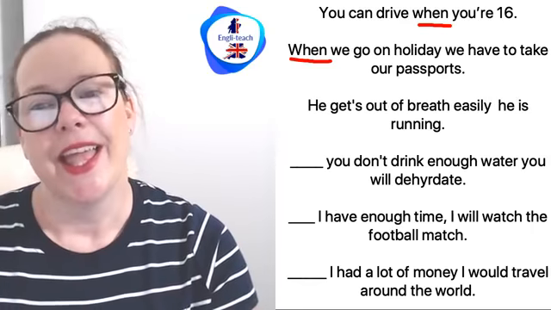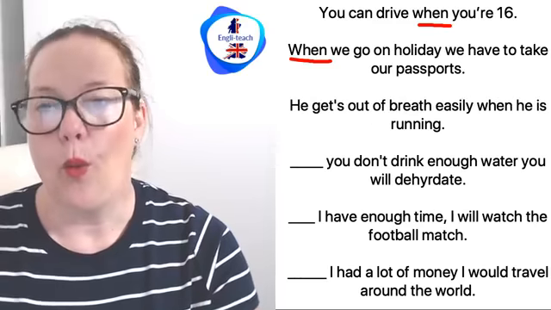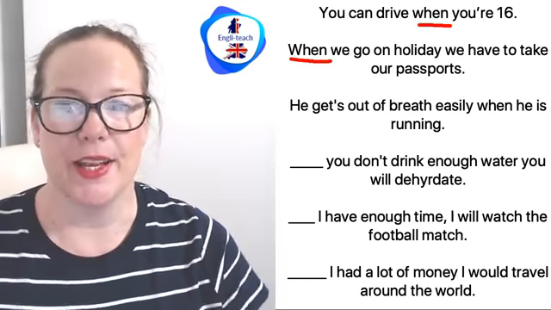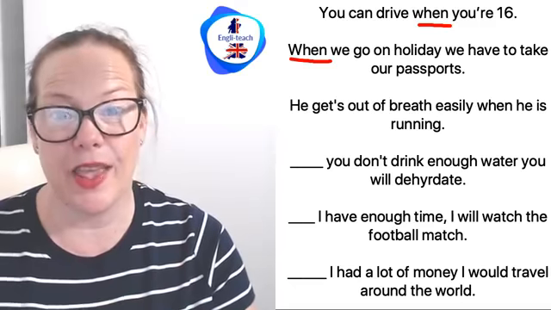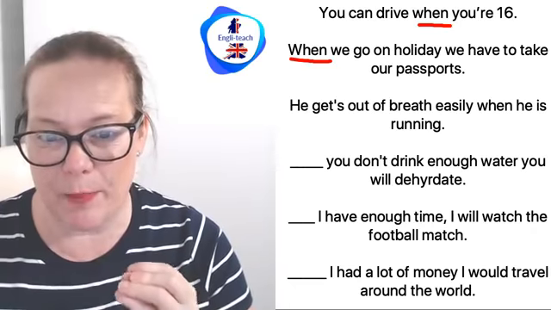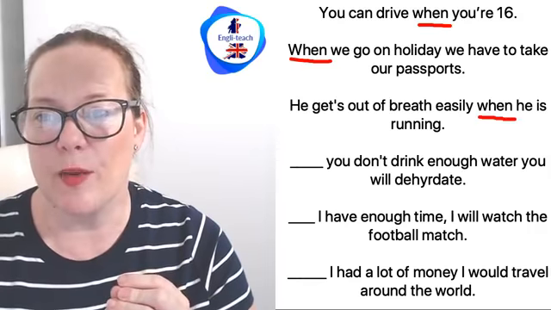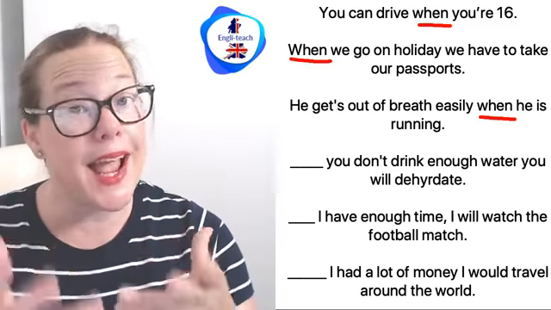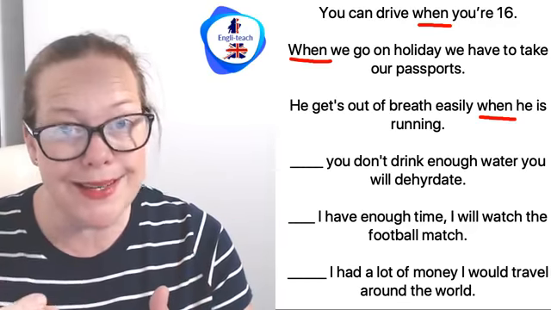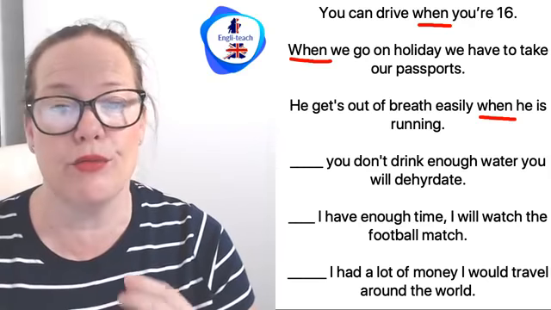So he gets out of breath easily when he is running, because we're talking about a certainty, okay? Remember what I said about a certainty. He gets out of breath easily when he is running. So him being out of breath is dependent on his action, and his action is running.